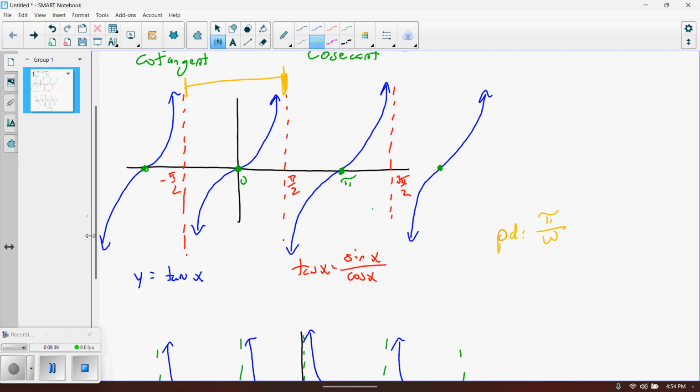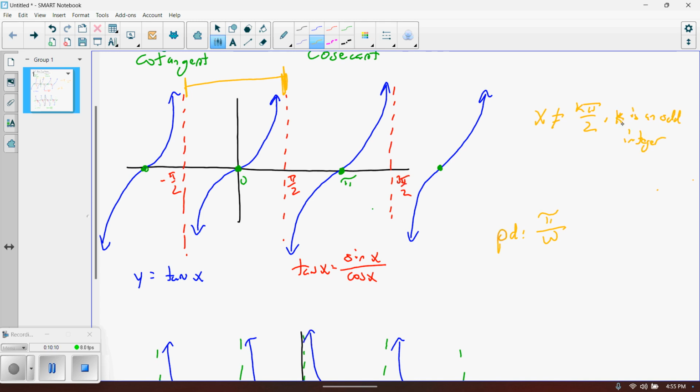What we do, because this is going to be a cyclical issue with domain, what you can see once again is that it is all the odd powers of pi halves. So you would say that in this case, x cannot be k times pi halves, or k pi halves, where k is an odd integer.